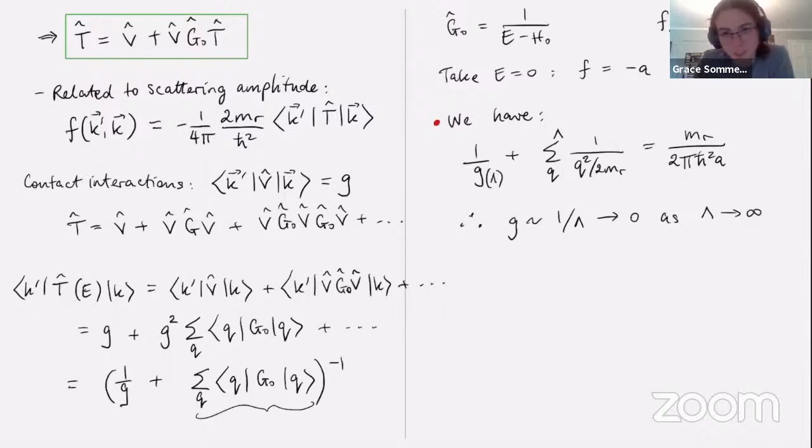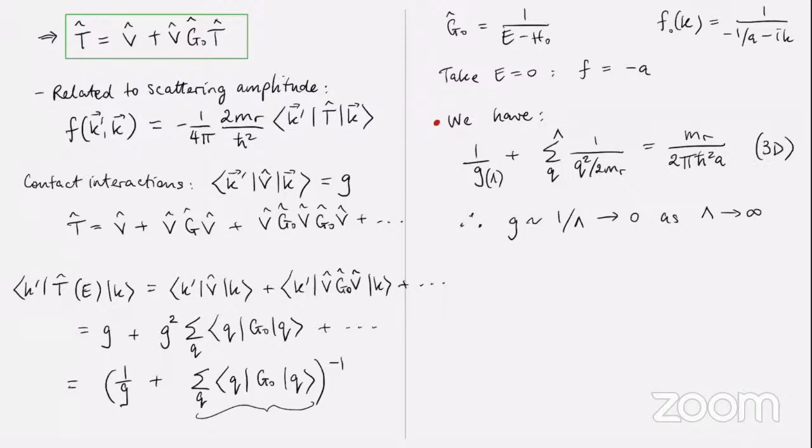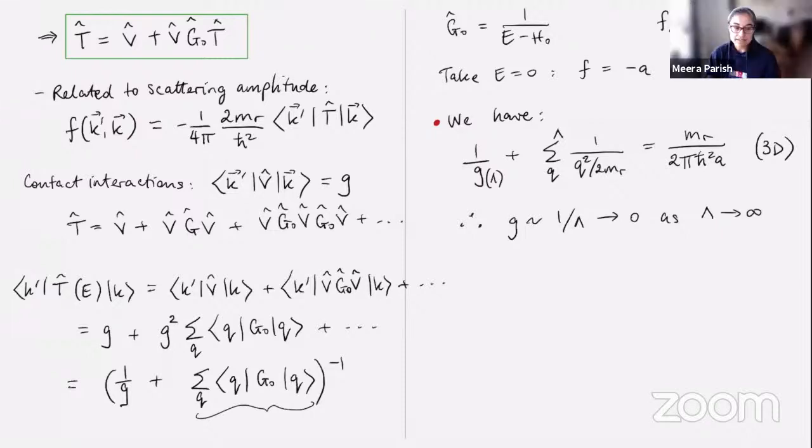So this is all for 3D, right? This is all for 3D. That's correct. Is that contact interaction supposed to have a delta function between K and K prime? Effectively it's a delta function, although you have to be a bit careful about delta functions in 3D.